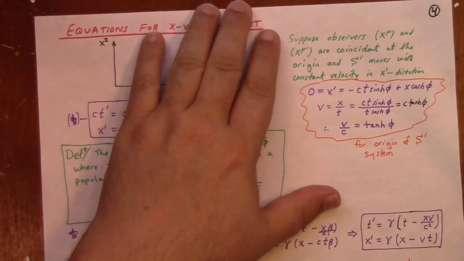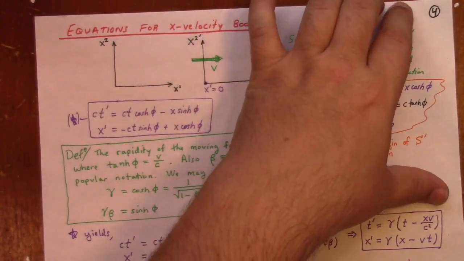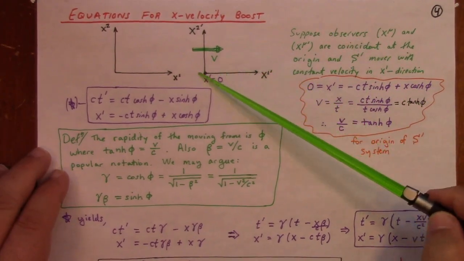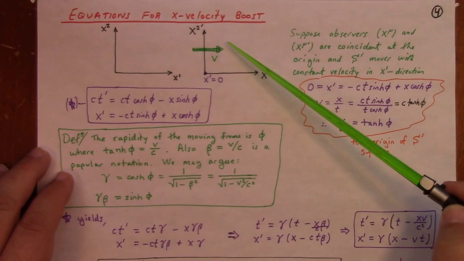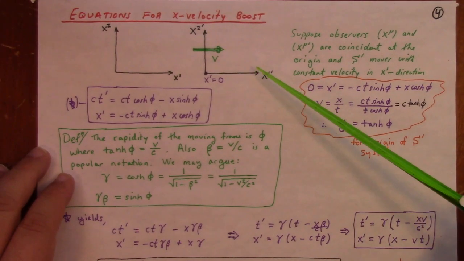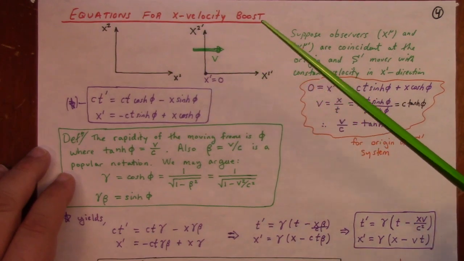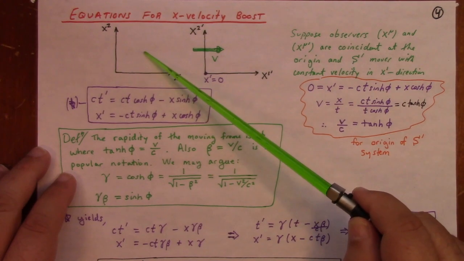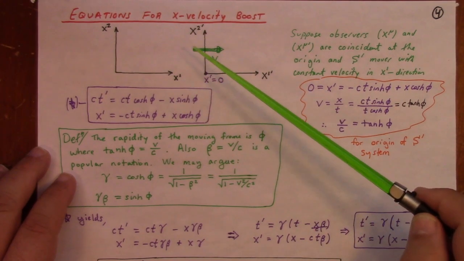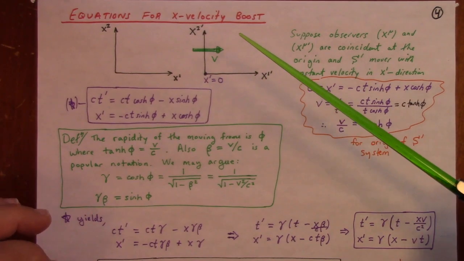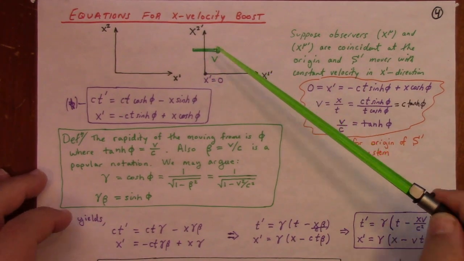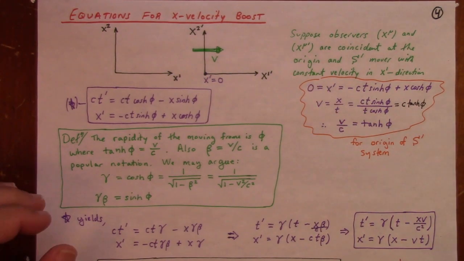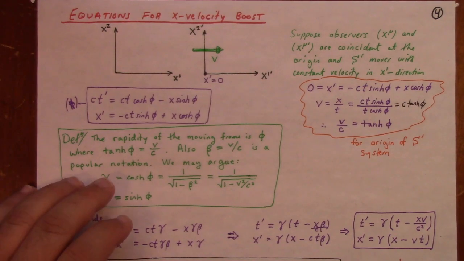Then it turns out that if you had rapidity phi 1 for the moving frame like I've described here, and the rapidity of the moving particle relative to the moving frame was, say, phi 2, then, get this, the rapidity of the particle relative to the static frame would simply be phi 1 plus phi 2. When you do your homework problem on velocity addition, you will find out that the way velocities add is not that. It's actually quite ugly. So rapidities add, a pretty neat relation.